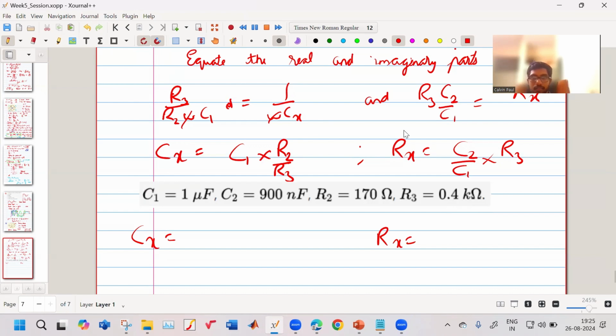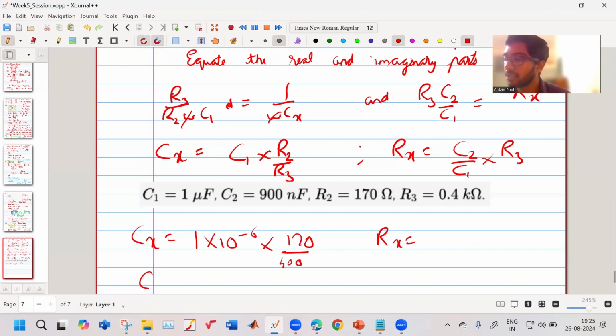So this is actually 1 microfarad into R2, which is 170, divided by R3, that is 0.3 kilo, that is 400.